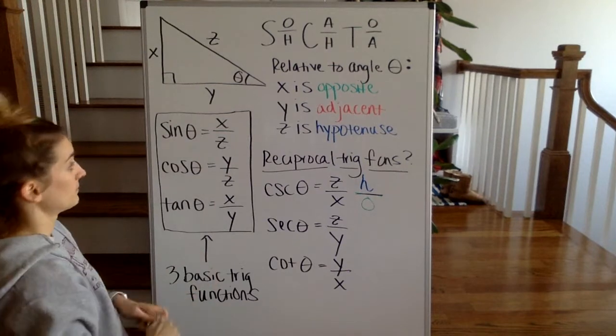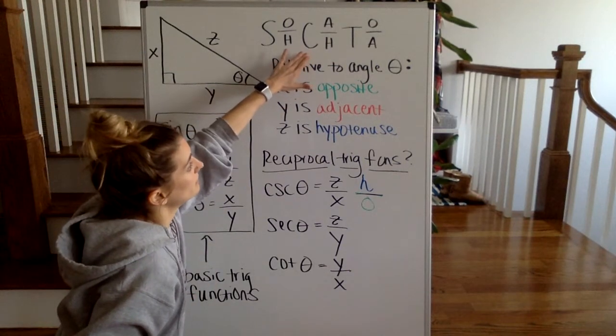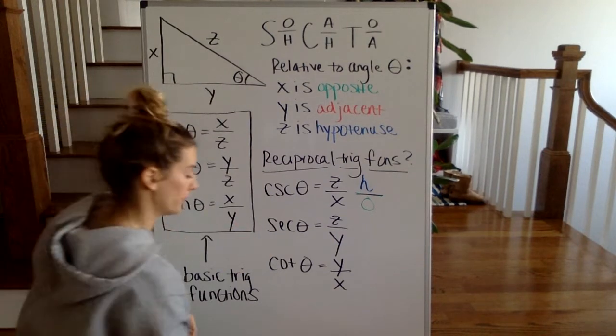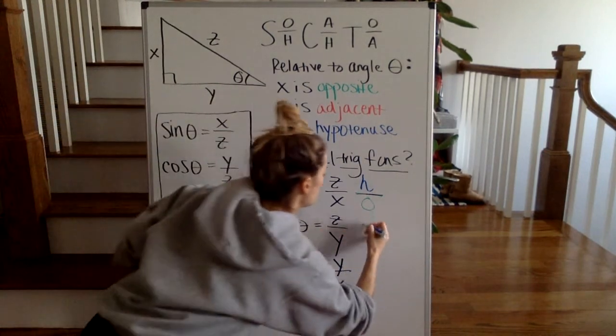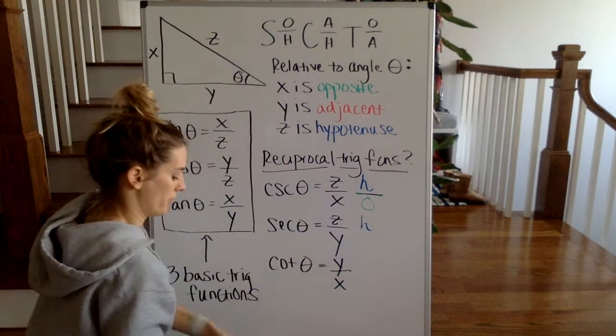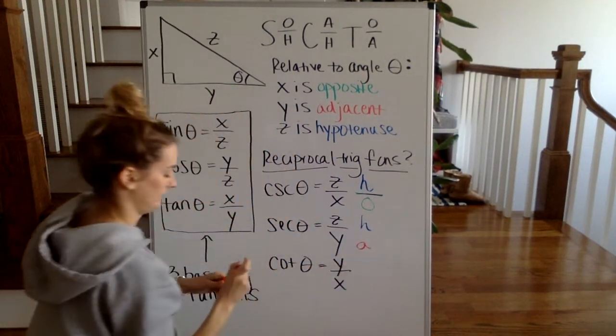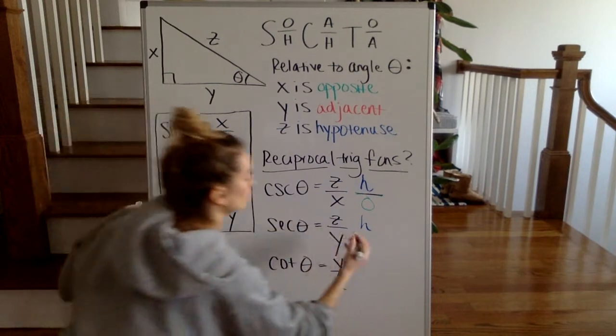And secant. So secant comes from cosine. If cosine is adjacent over hypotenuse, then secant is going to be hypotenuse over adjacent. So H over A. That's that ratio.